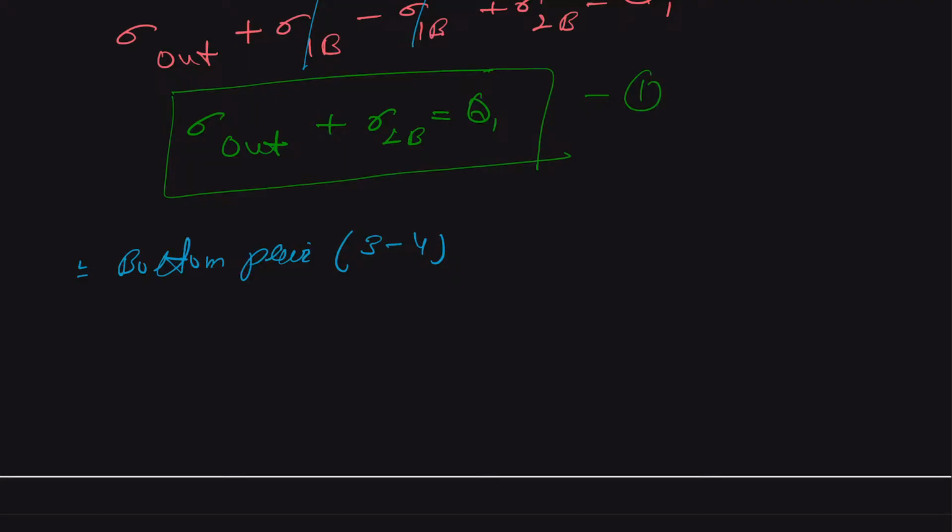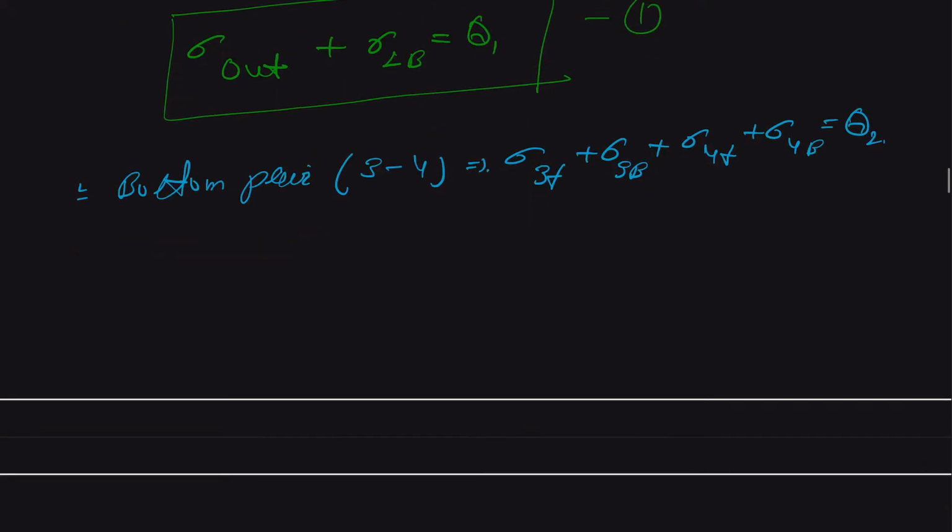And once again we are going to write it as sigma 3 top plus 3 bottom plus 4 top plus 4 bottom, and the charge is given to us as Q2. And once again we know that sigma 4 bottom is equal to sigma outer, because for a parallel plate the outer surfaces have the same charge densities, and sigma 3 bottom is equal to the negative of sigma 4 top.